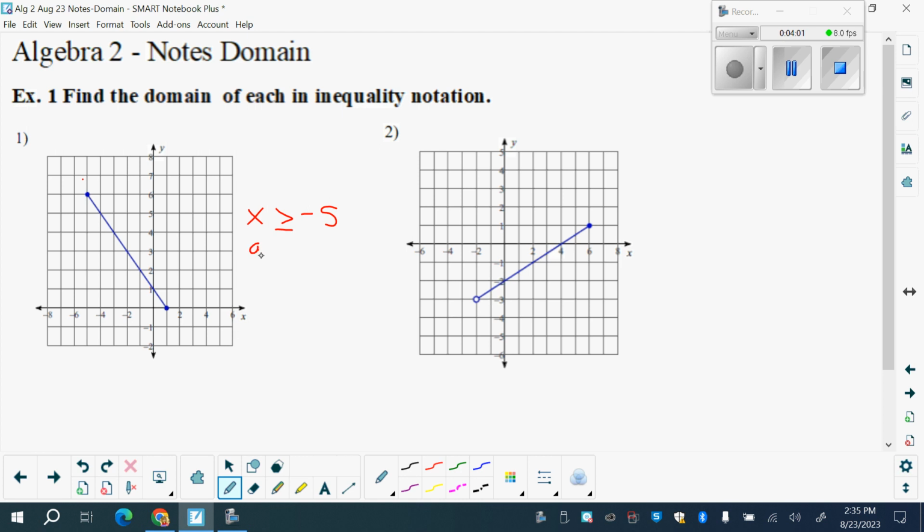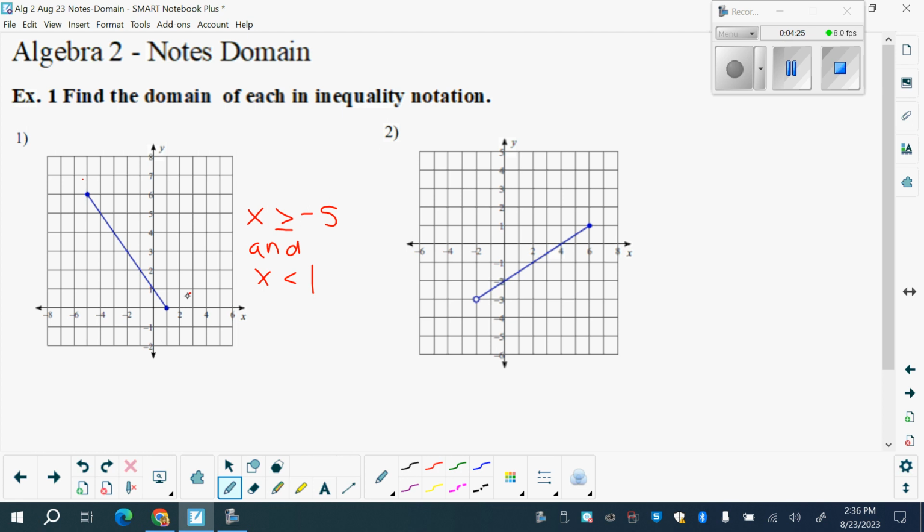And at the same time, x is less than or equal to what value over here? Yes, that x value is a 1. So it's less than or equal to? So greater than goes over here.